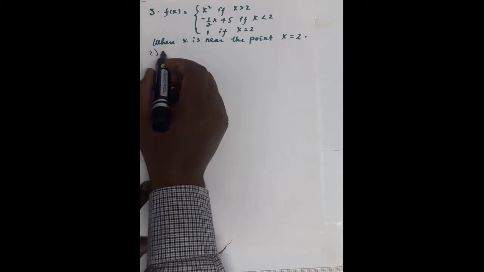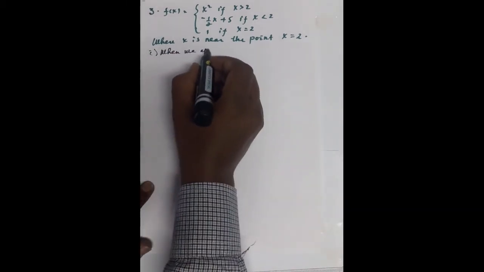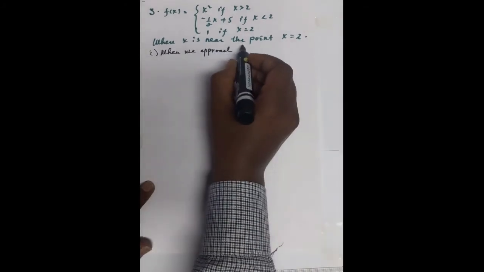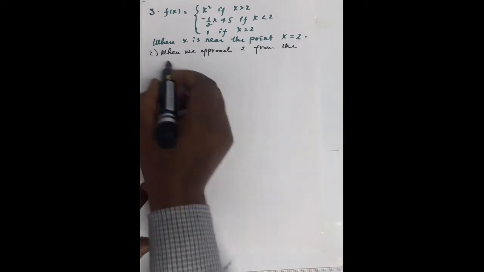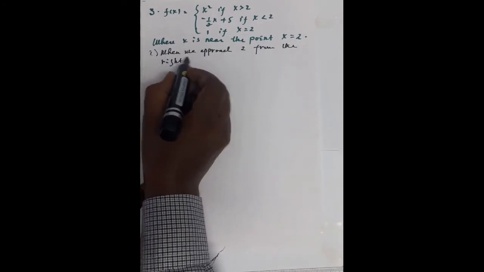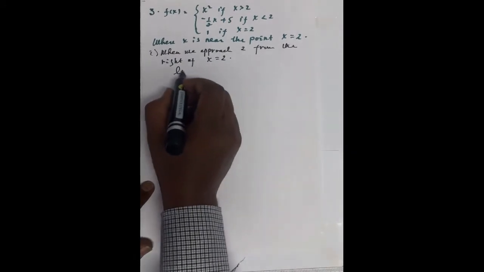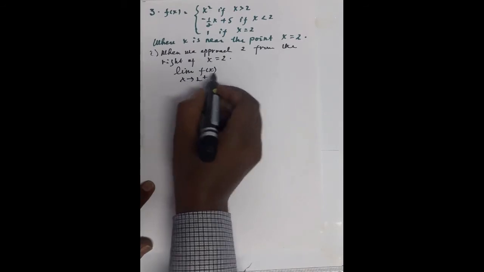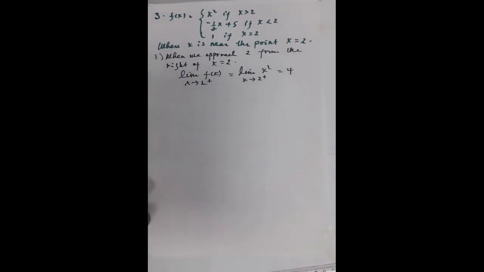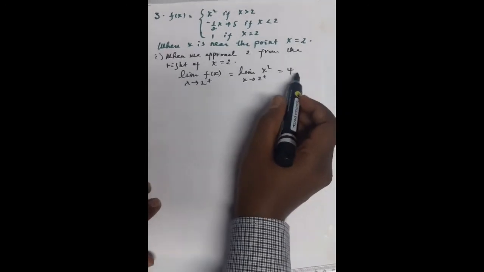When we approach 2 from the right, the limit of f of x as x approaches 2 from the right is equal to the limit of x squared as x approaches 2 from the right, which is equal to 4.